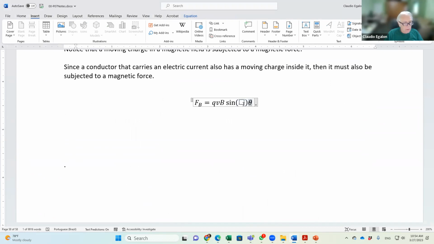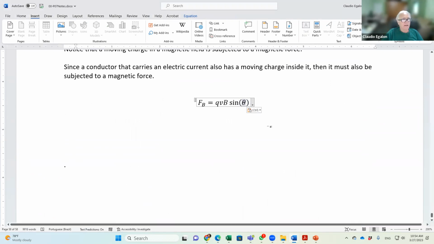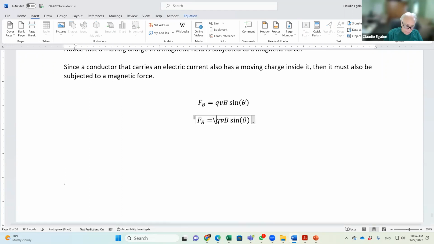Sine of theta like that. But now that we have a current carrying wire, we're going to have some electric charges flowing through it. So here we write our equation in the following way.